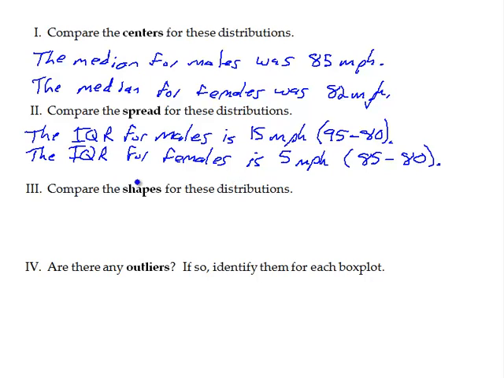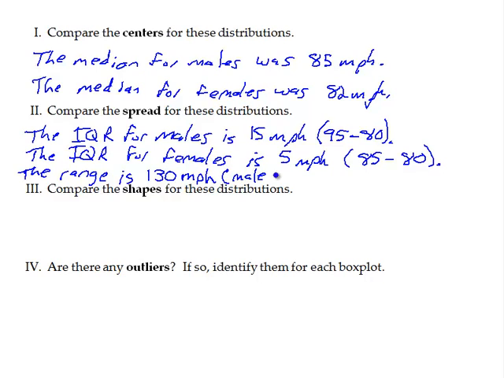Now we can also talk about the range using the box plot for the spread. The range is the largest minus the smallest. The range for males would be the largest minus the smallest, which is 130 miles per hour.